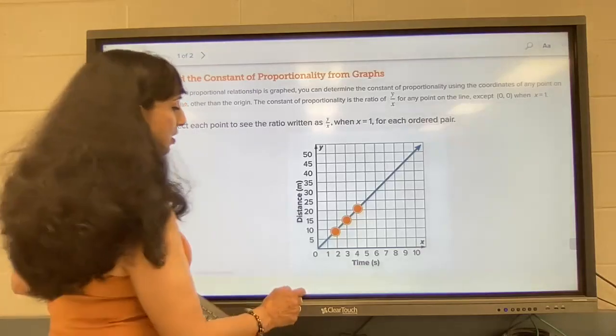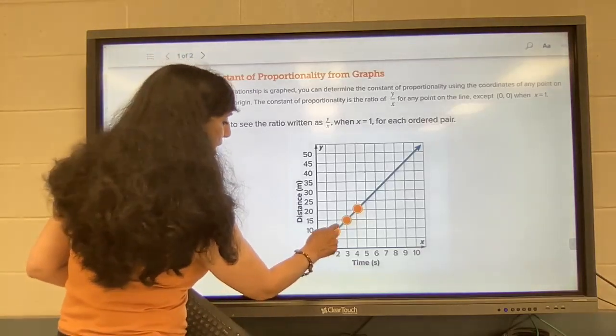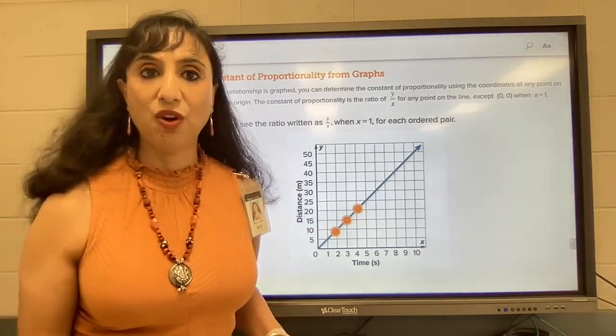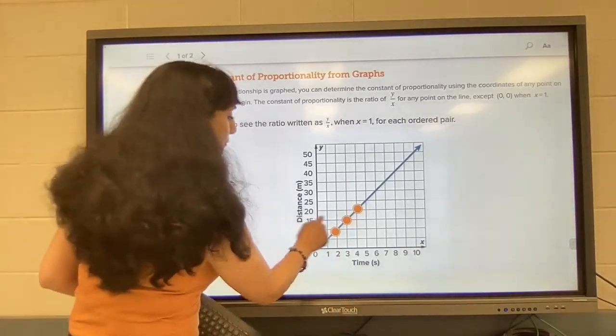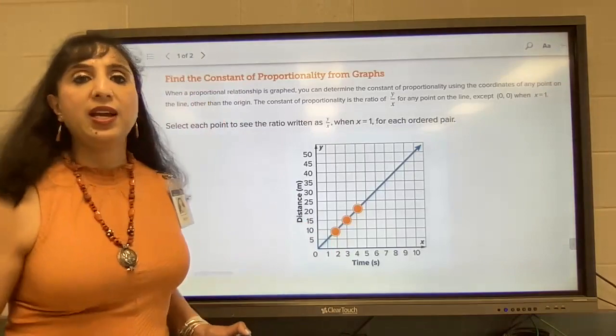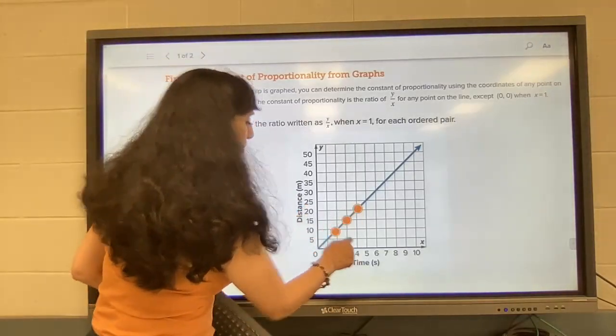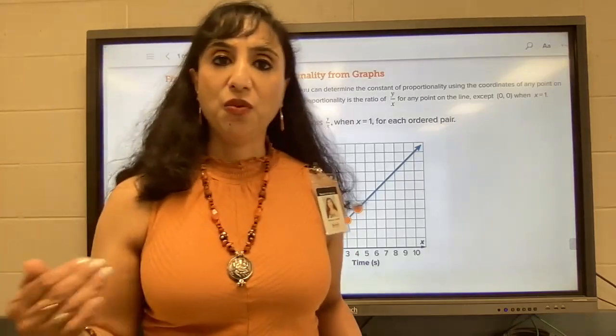Okay, let's look at what happens with 2. We have 10 over 2. What is 10 divided by 2? I still get 5 over 1. Okay, 15 divided by 3 gives me 5 over 1. 20 divided by 4 gives me 5 over 1.